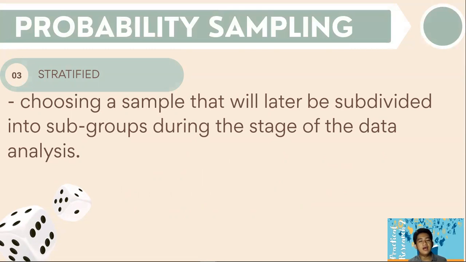And the last advantage of stratified sampling is that representation of subgroups in the samples is evident. While for the disadvantage of stratified sampling, identification of all members of the population can be very difficult. And identifying members of all subgroups can also be difficult.